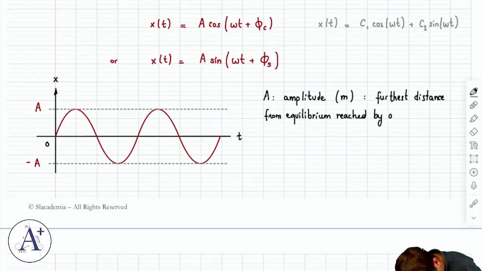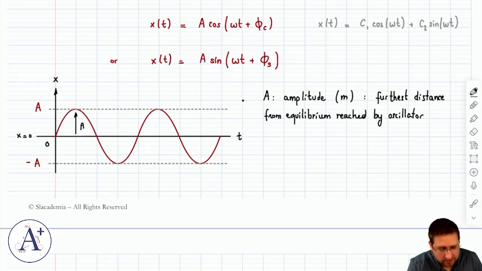Which means, of course, that this is A, and this would be your equilibrium, x equals 0. In this case, you'd be oscillating back and forth about x equals 0.